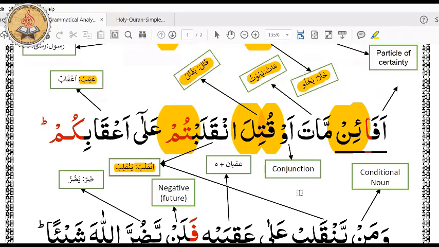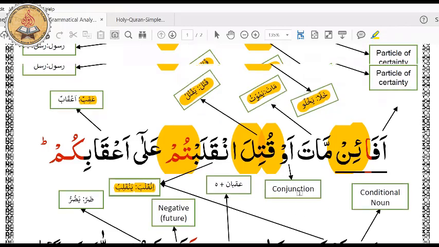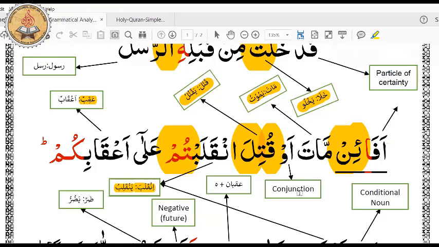I will upload this PDF also, and it is advisable to revise this lesson repeatedly, a couple of times.